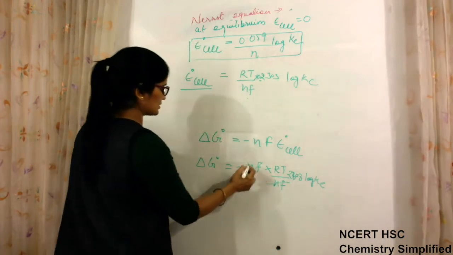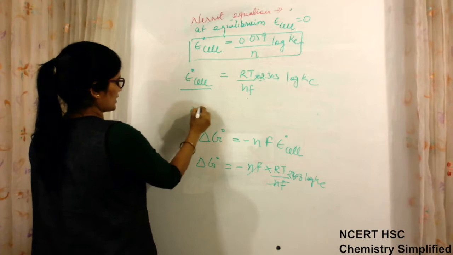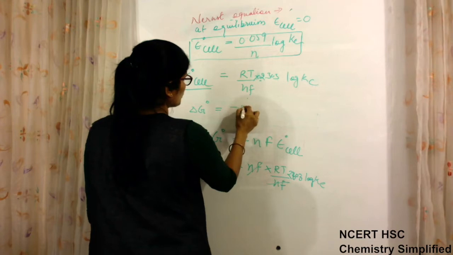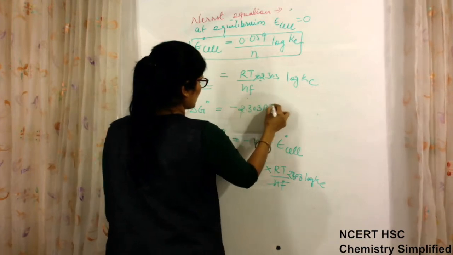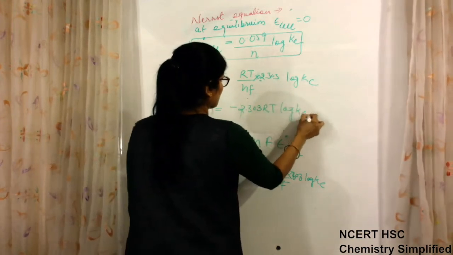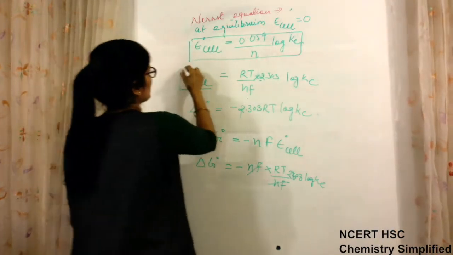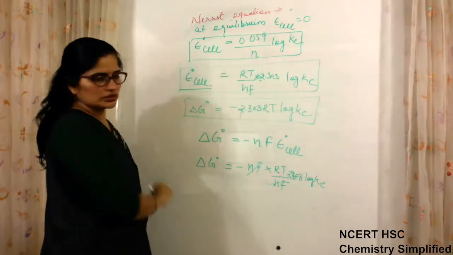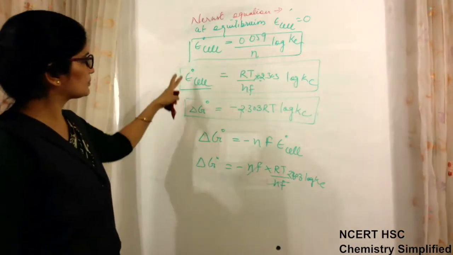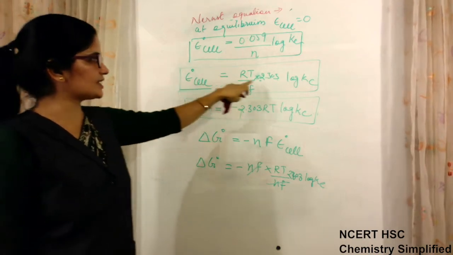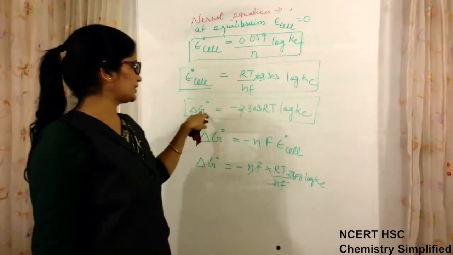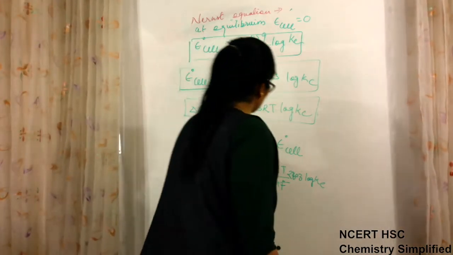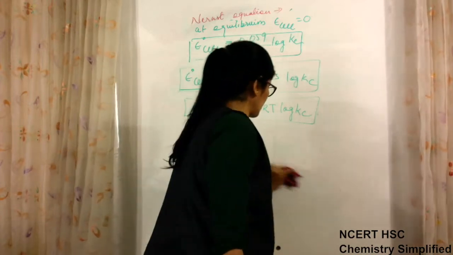So this cancels out and we get delta G naught is equal to minus 2.303 RT log Kc. So these three equations, one is the Nernst equation, one is E standard cell with log Kc, and one is for delta G, the standard Gibbs free energy, are the equations which are needed for the calculation purpose.